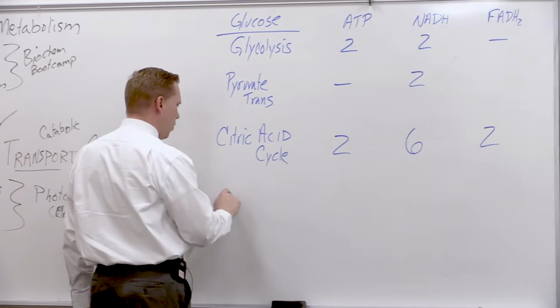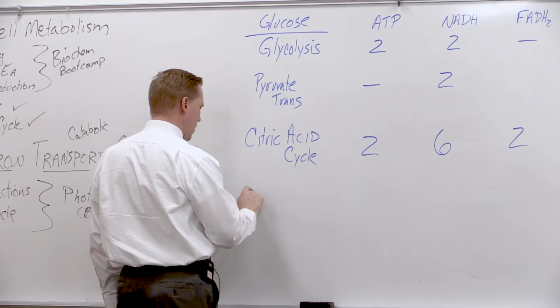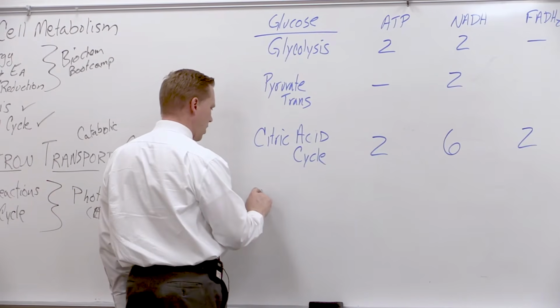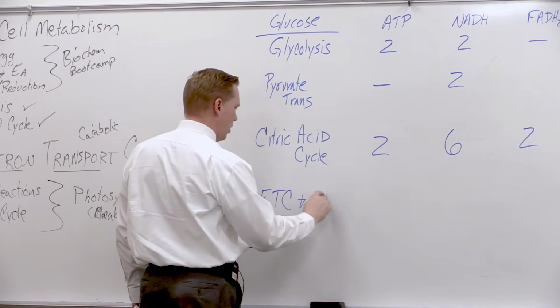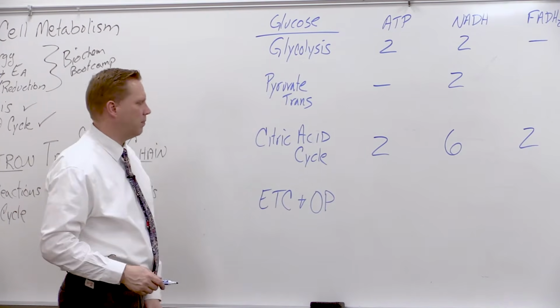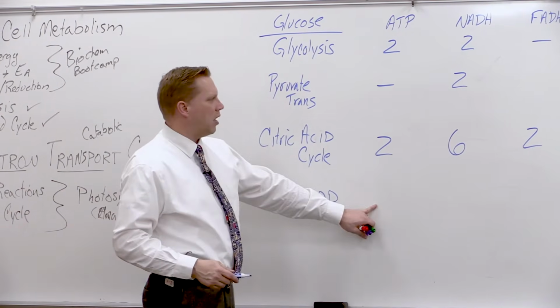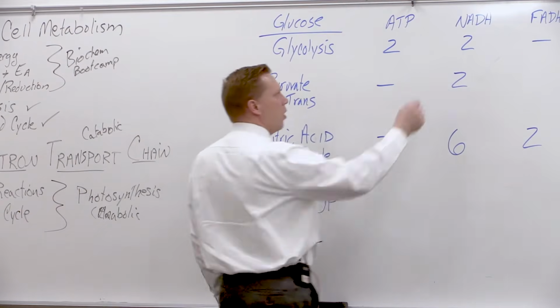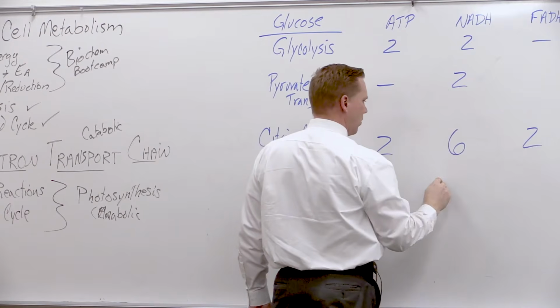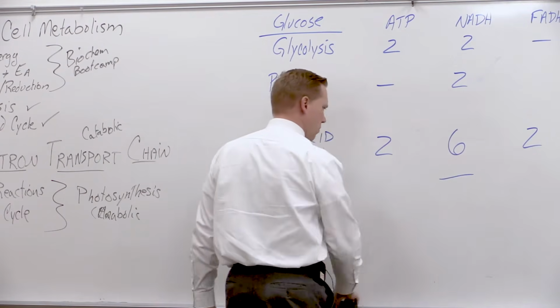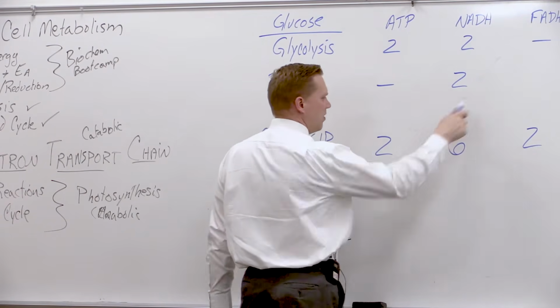Now we run the electron transport chain and oxidative phosphorylation. Here we get a big yield of ATP. So right now we've got 10 of these NADHs.